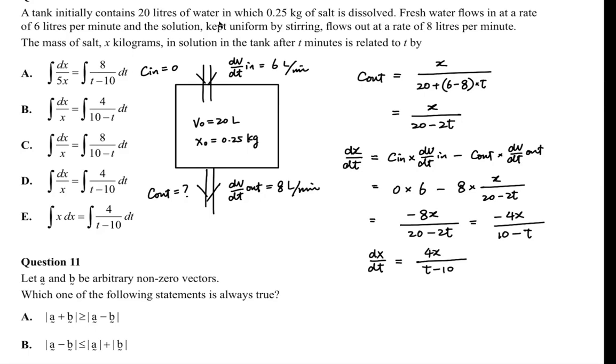And finally, I'm going to separate the variables. So it will be the integral of 1 over x dx equals the integral of 4 over (t minus 10) dt.